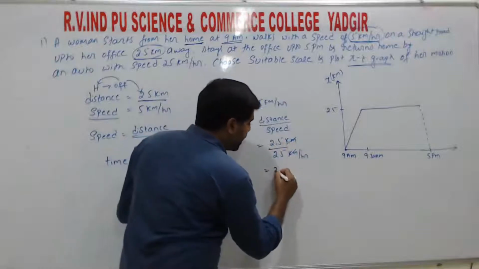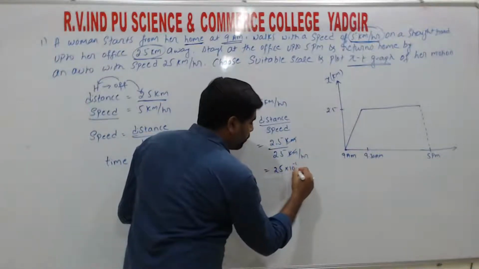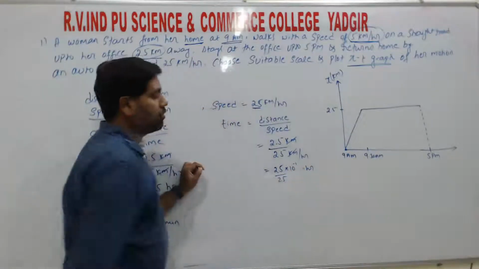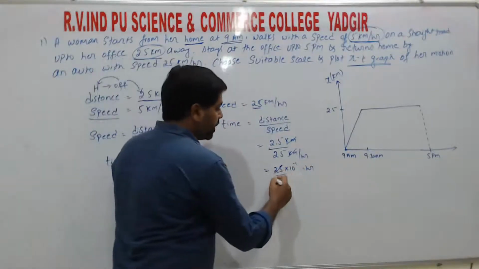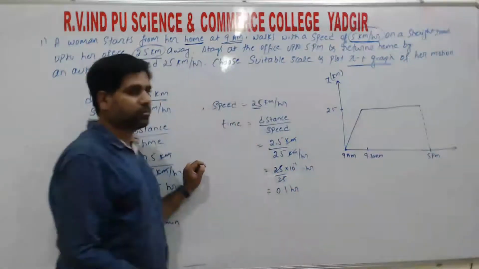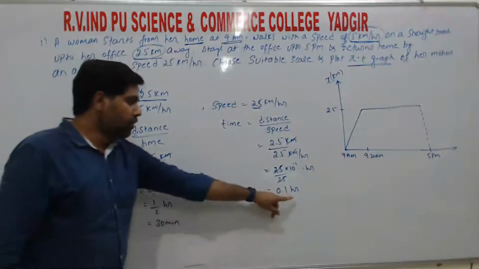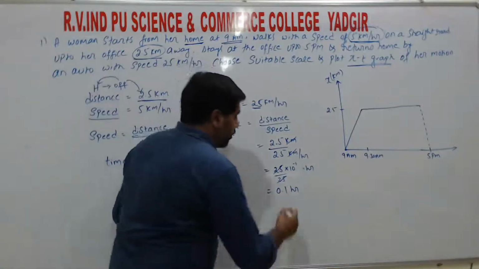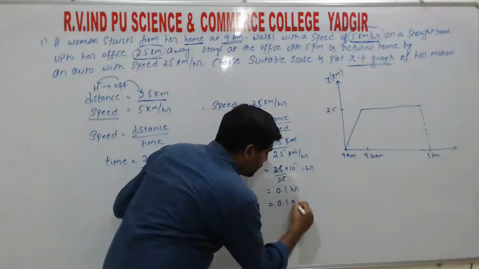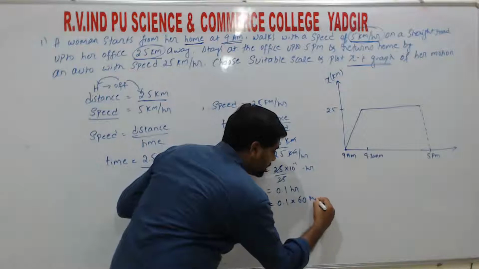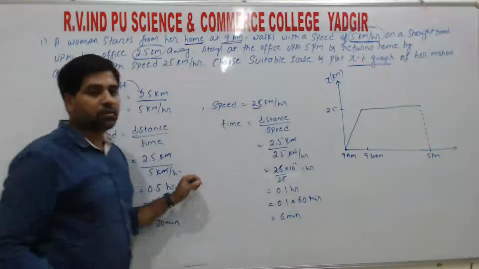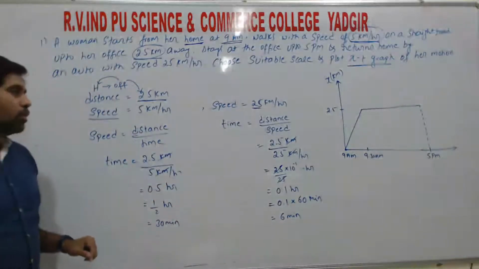You can write 2.5 as 25 into 10 to the power of minus 1, divided by 25, and the unit is hour. So 25 and 25 cancel. 10 to the power of minus 1 is 0.1 hour, right? Again, we convert into minutes. 1 hour is 60 minutes, so 0.1 hour is 0.1 into 60 minutes. So we get 6 minutes to reach home from the office, right?